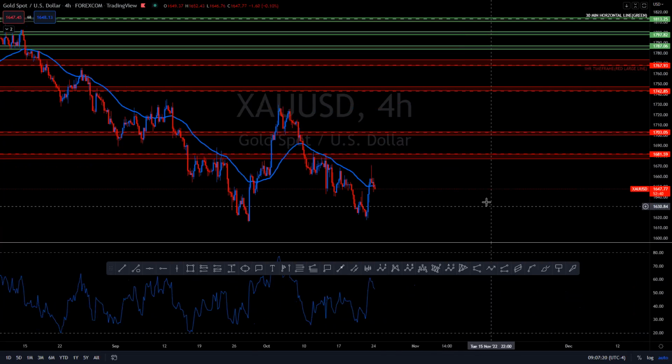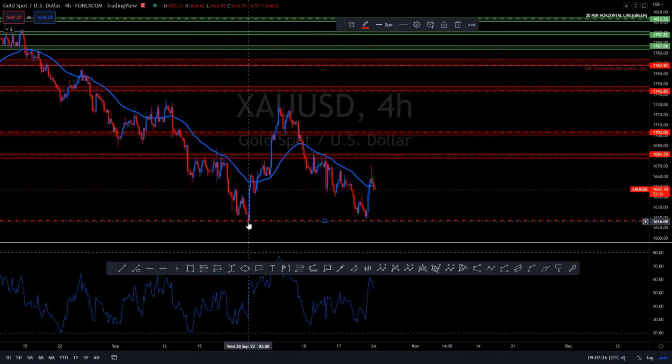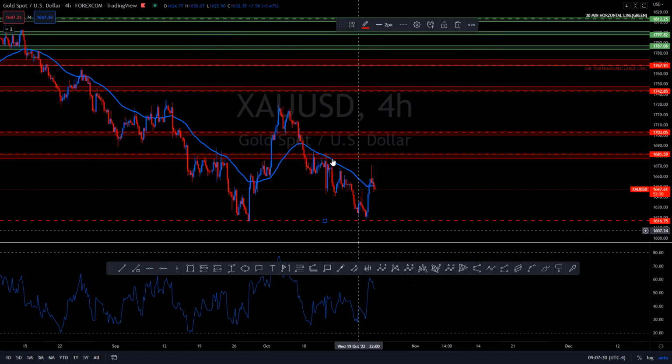And so there we are. So now when we look at the 4-hour, we can see that there was a huge demand here. That's what pushed price all the way up to this point, and then all the way up to this point.